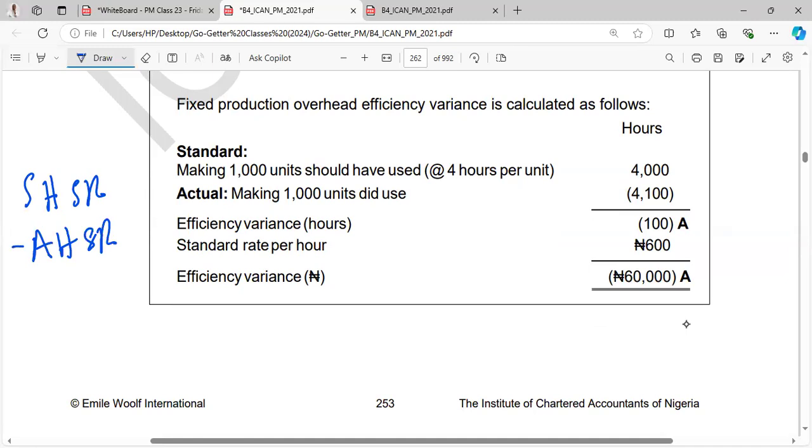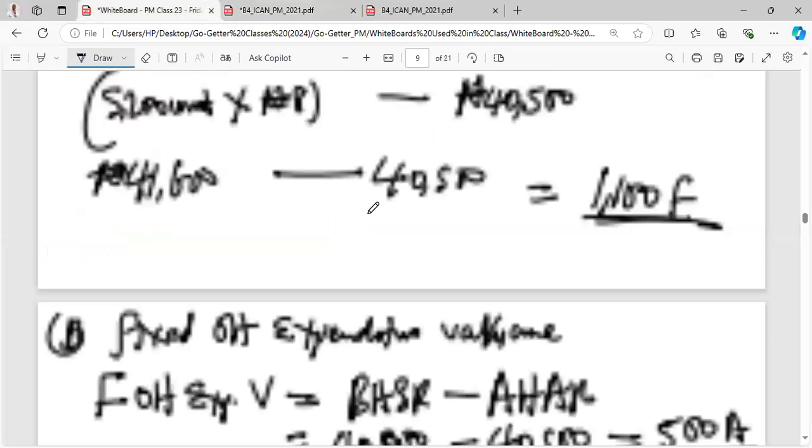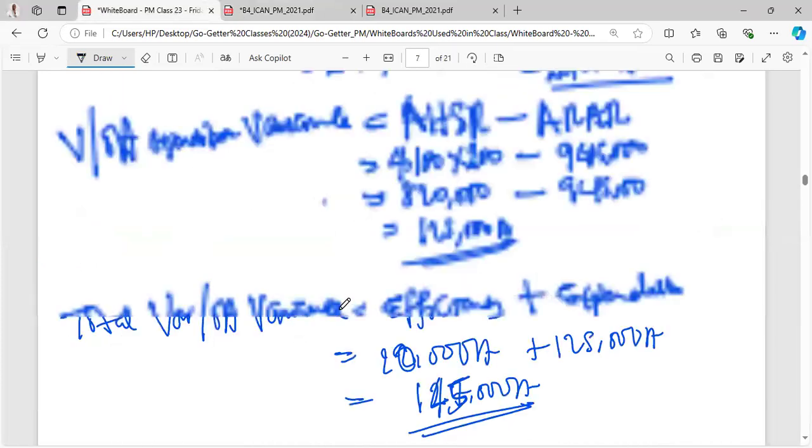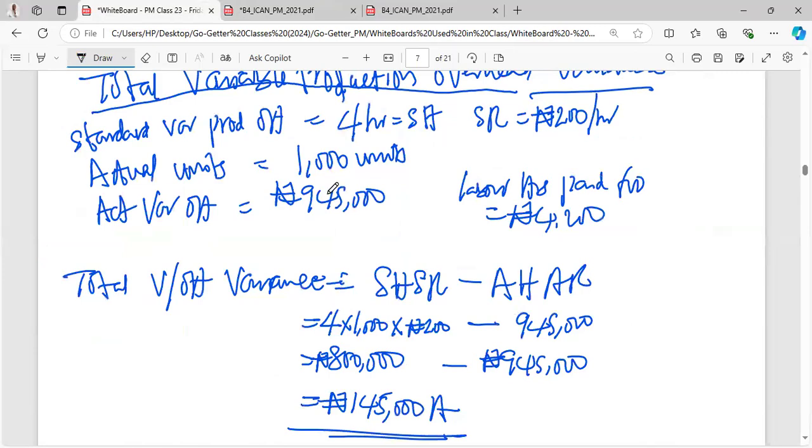So that's what it's like. That's the efficiency variance, which is what we did when we did variable overhead. Variable overhead efficiency variance. So it's the same thing we did here.